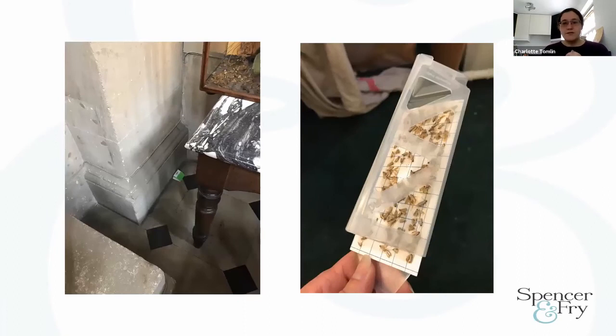So it's important to keep an eye on your collections for all those signs, but it's also important to undertake regular monitoring. I'm sure you are probably all familiar with the kinds of monitoring. So we've got a blunder trap on the left. Blunder traps do as they say on the tin.